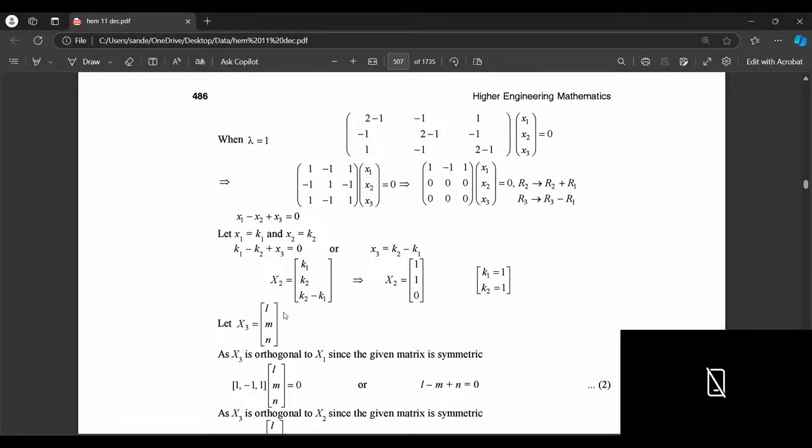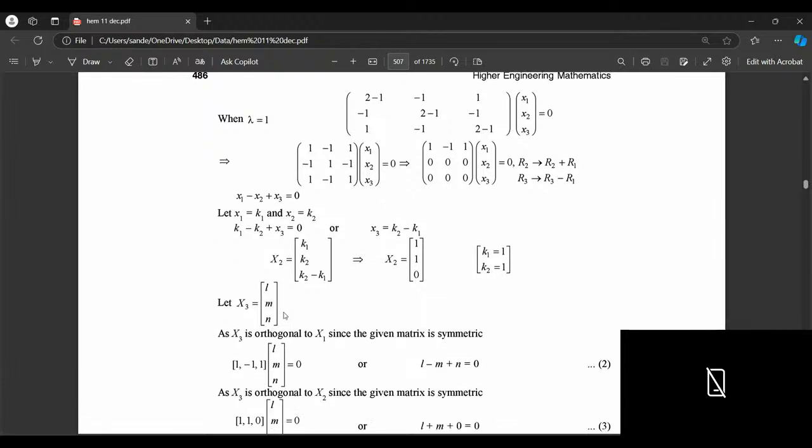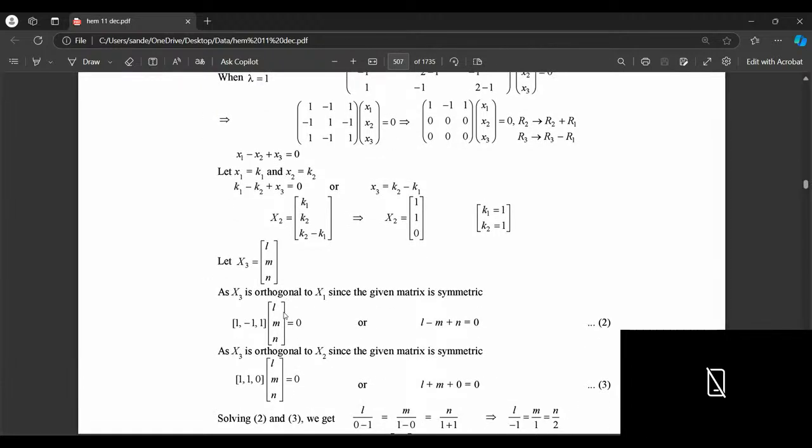If x3 is orthogonal to x1, it means x1 transpose x3 equal to 0, and x2 transpose x3 equal to 0, using the orthogonality property for a symmetric matrix with the first two different eigenvectors.